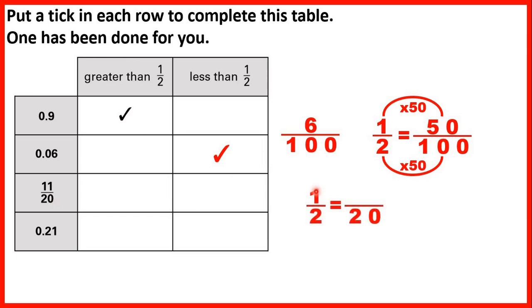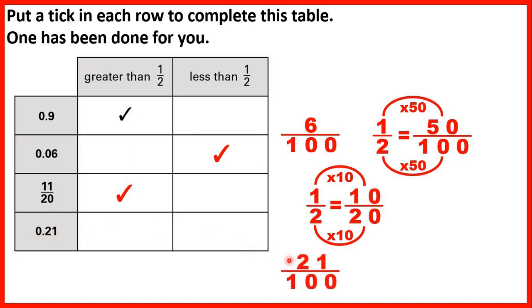Now 11/20. We need to think 1/2 is the same as how many 20ths? 2 times 10 is 20 and 1 times 10 is 10. So because 1/2 is the same as 10/20, 11/20 is greater than 1/2. And now we have 0.21.